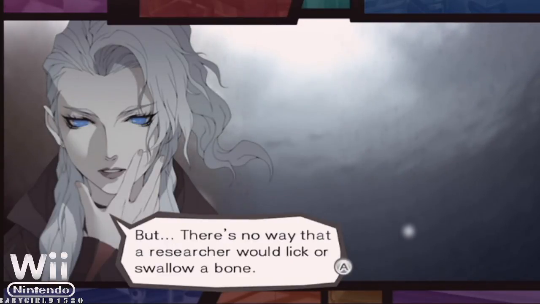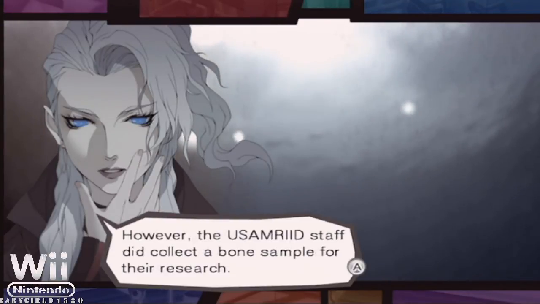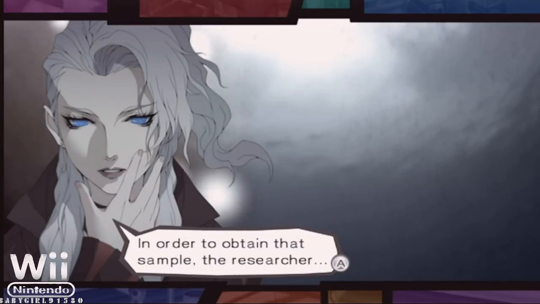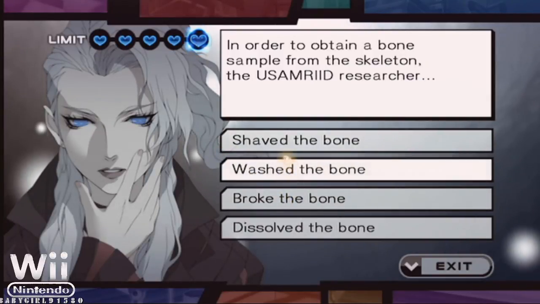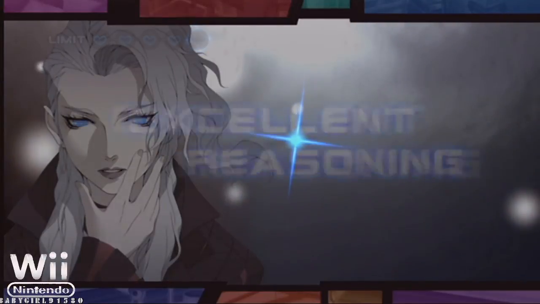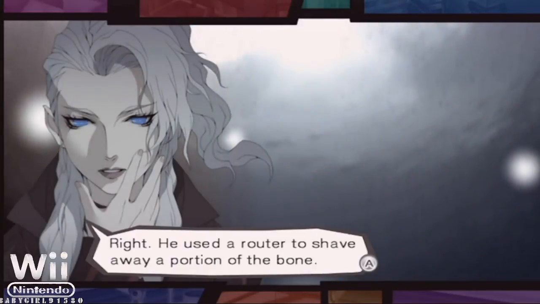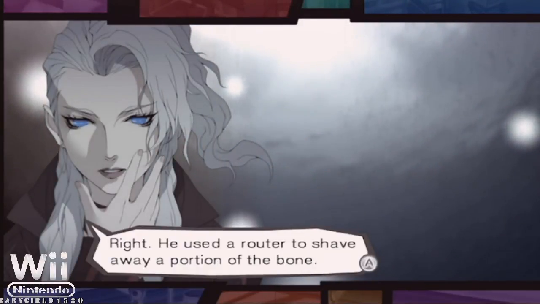But there's no way that a researcher would lick or swallow a bone. However, the Usamarad staff did collect a bone sample for their research. In order to obtain that sample, the researcher... Right. He used a router to shave away a portion of the bone.